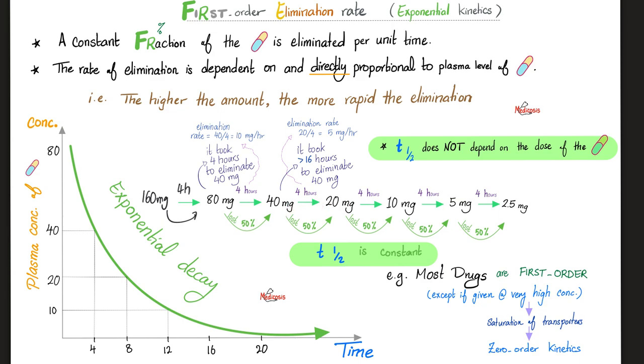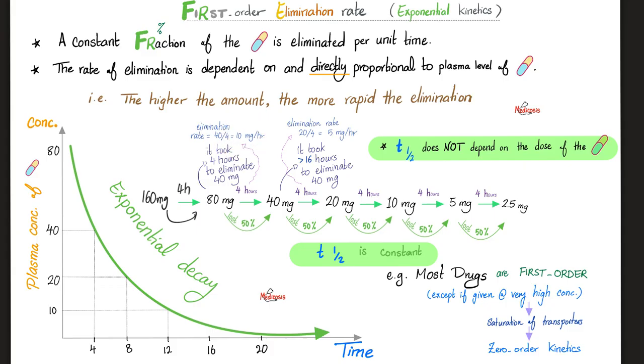Okay, 40 to 20, I lost 20 milligrams in 4 hours. 20 over 4 is 5 milligrams per hour. You see this? Here the elimination rate was 10 milligrams per hour, but here it's 5 milligrams per hour. The rate of elimination is dependent and directly proportional to the plasma level. The higher the plasma concentration, the higher the rate of elimination.